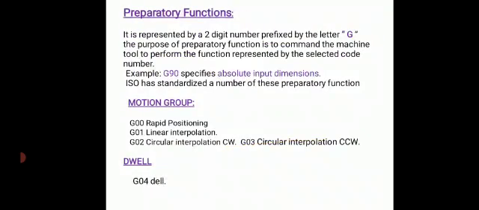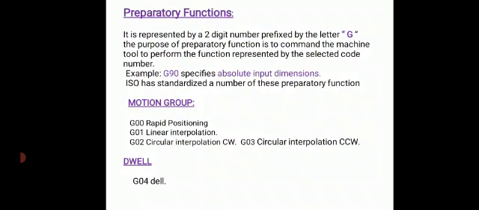And preparatory functions. It is represented by a 2-digit number prefixed by the letter G. The purpose of the preparatory function is to command the machine tool to perform the function represented by the selected code number. Example, G90 specifies absolute input dimension. ISO has standardized a number of these preparatory functions.